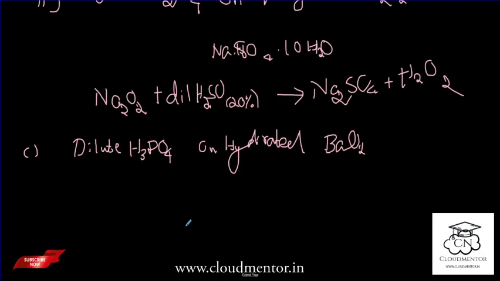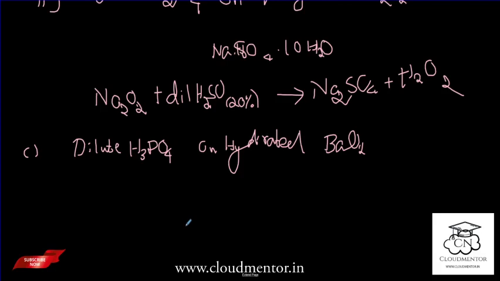Secondly, the H2SO4 used catalyzes the decomposition of hydrogen peroxide, and hence comparatively weaker acids like phosphoric acid H3PO4 or H2CO3, etc., are used in place of H2SO4.